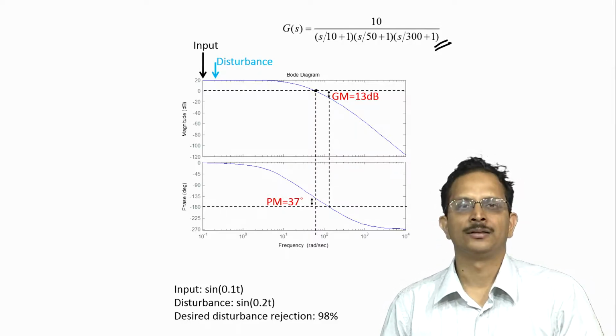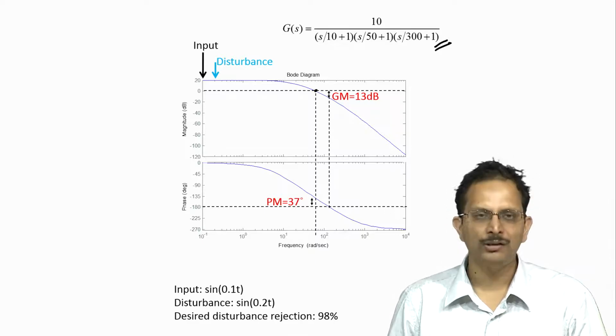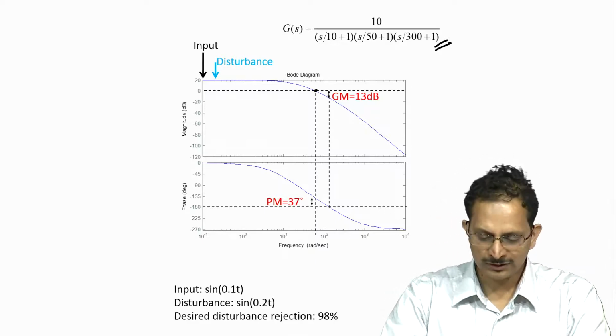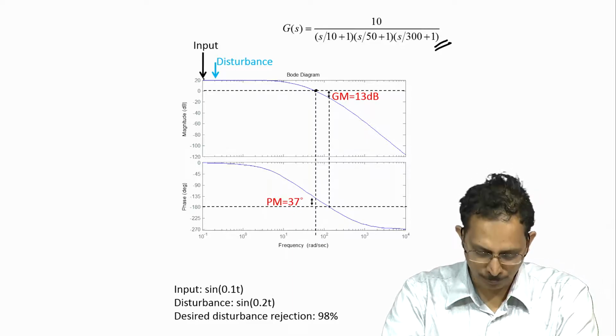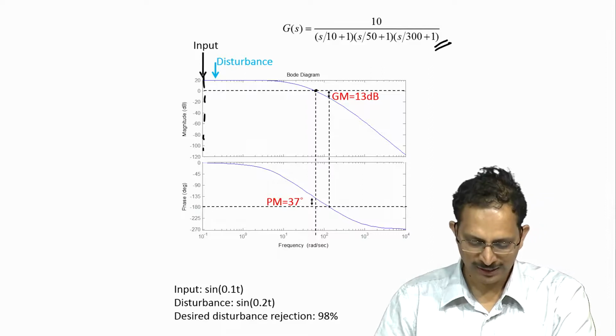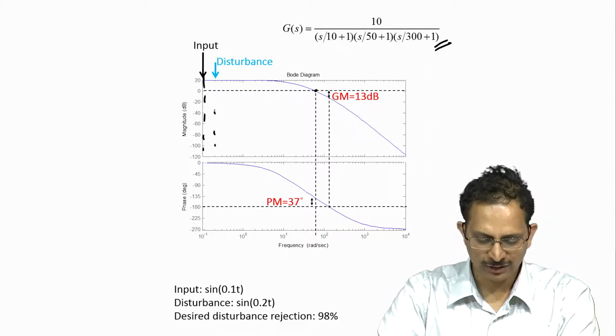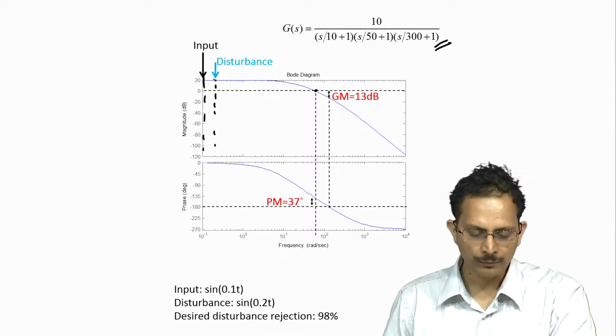So, already our phase margin is close to what we desire it to be, namely 40 degrees. This plant experiences an input at 0.1 radian per second, so at this particular frequency, and an output disturbance at 0.2 radian per second which is at this particular frequency.